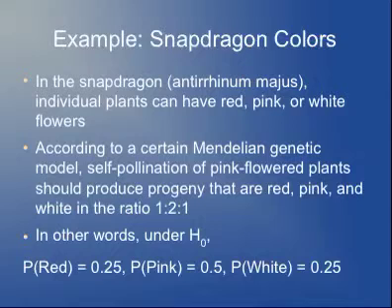But for the purpose of this class, that's not as important. The important part is that under our null hypothesis H0, we hypothesize the probability of a red flower is 0.25, the probability of a pink flower is 0.5, and the probability of a white flower is 0.25. We can use chi-square tests to test the null hypothesis that the observed frequencies are consistent with these hypothesized frequencies, as I'll describe here in a minute.